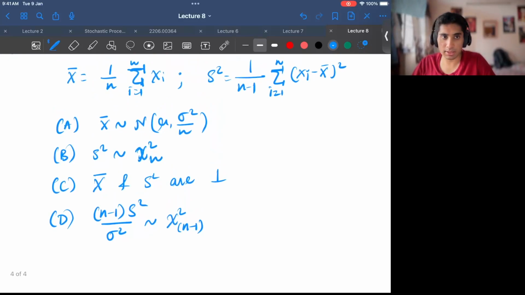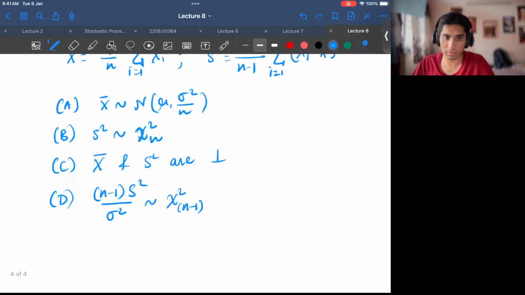So these are actually standard statements. Basically, you just need to remember. If you remember the properties, you will know.